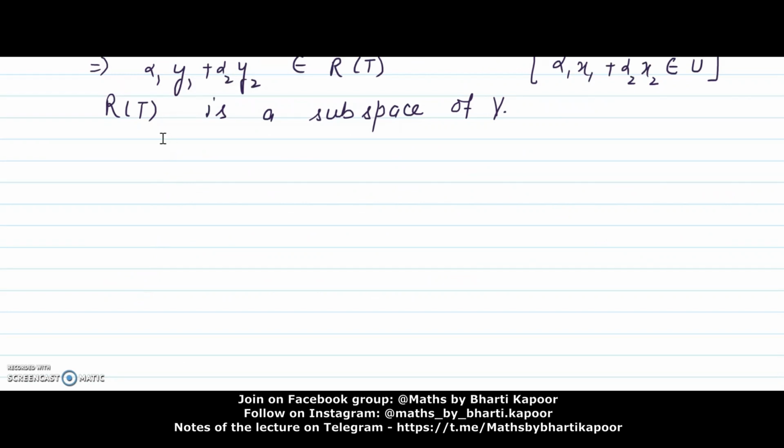We have proved that RT and kernel T are subspaces. These are called range space and null space of a linear transformation respectively. Because these are subspaces, they are vector spaces. So they must have dimension. We will study these dimensions.